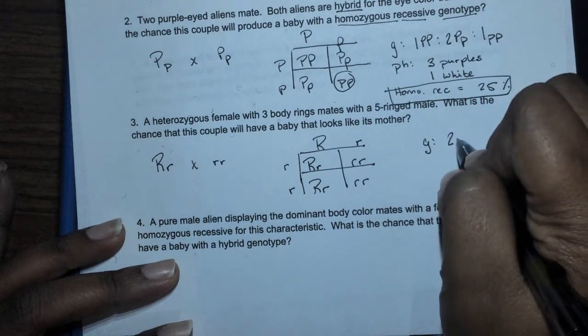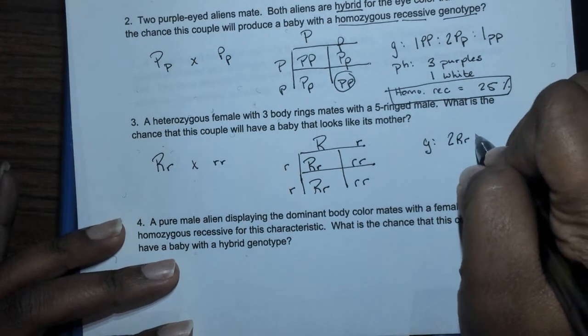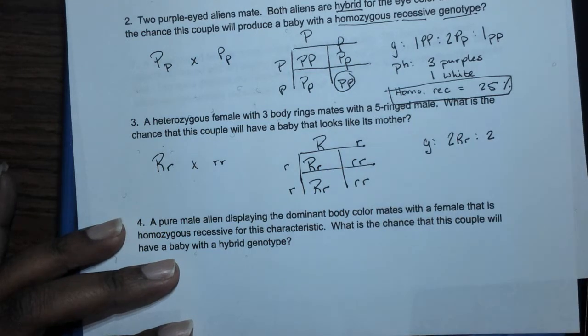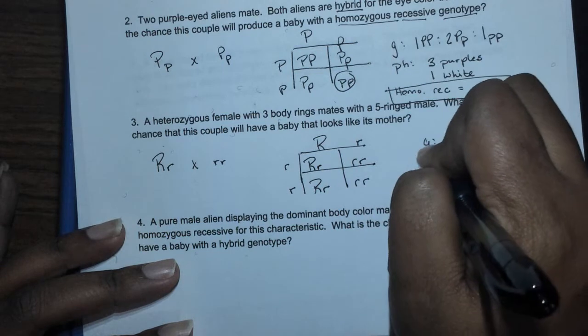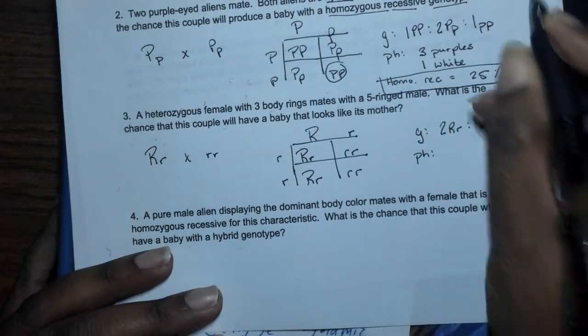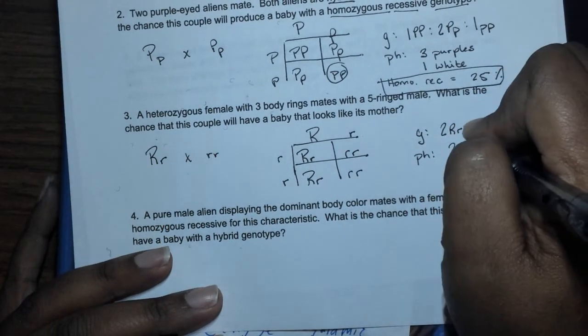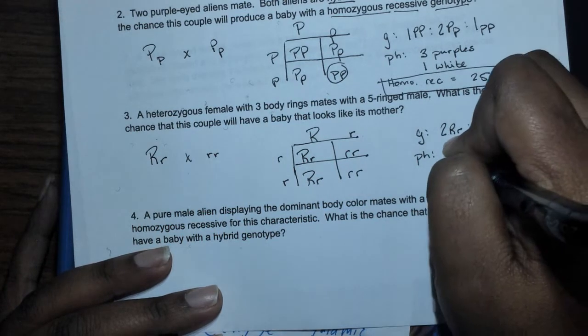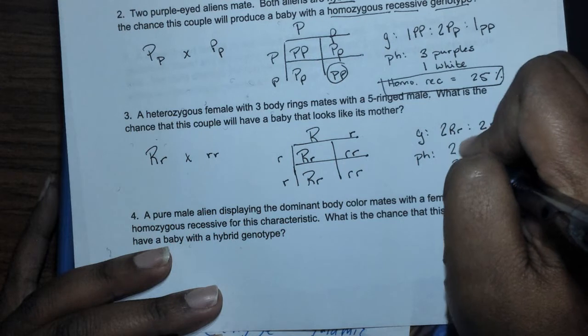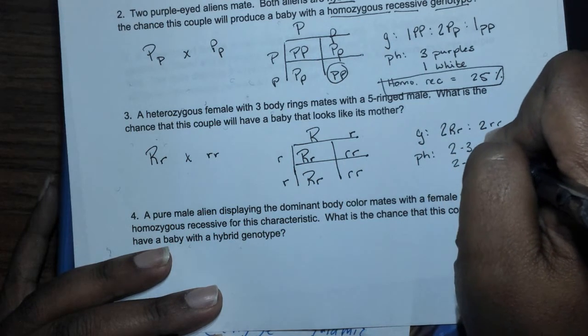So it looks like I've got 2 heterozygotes and then 2 homozygous recessives. So my phenotype ratio means that I've got 2 3-ring and 2 5-ring.